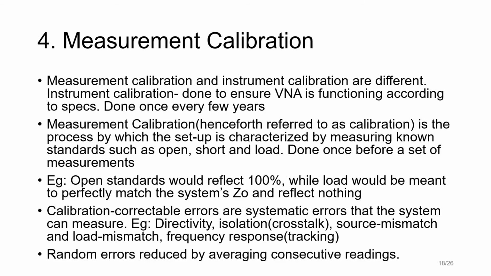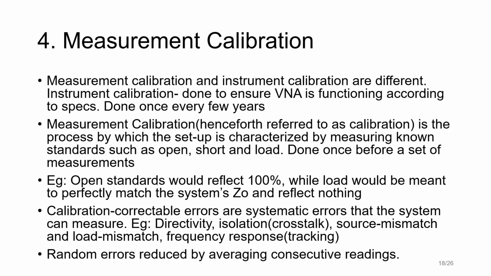The first one is called directivity, and it is basically the inability of a directional device, such as the directional couplers we spoke about which are present within the signal separation stage of the VNA. The inability of such directional devices to properly separate incident and reflected signals entirely is what leads to this error that we call directivity.